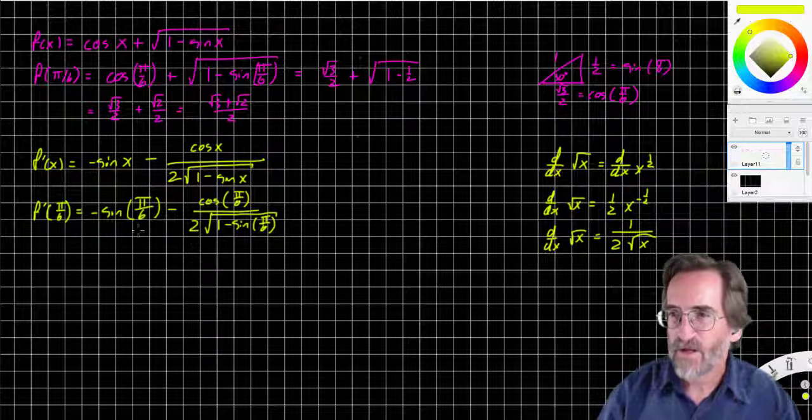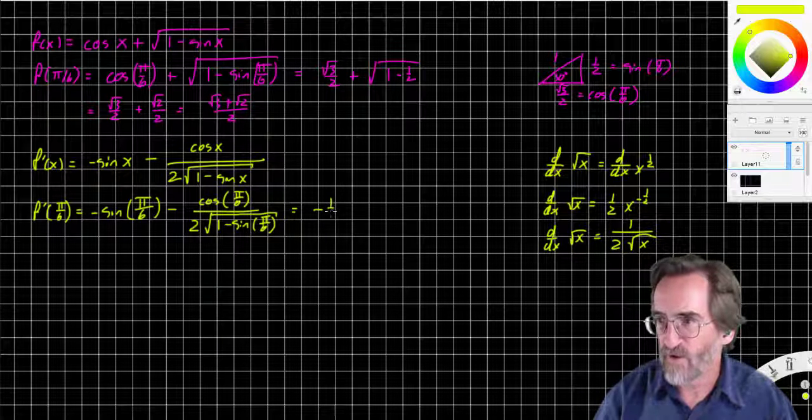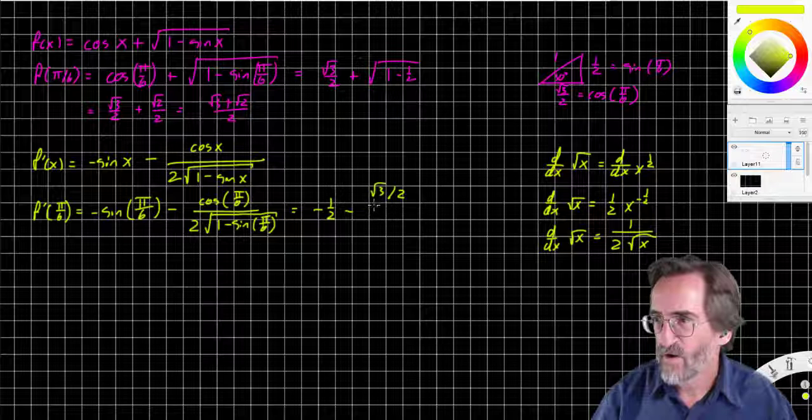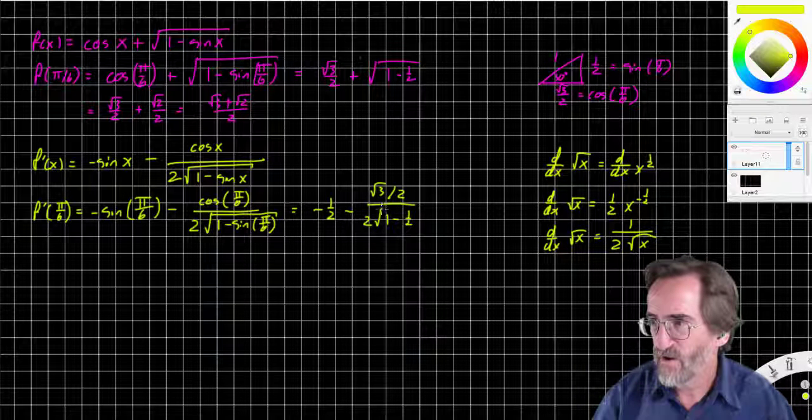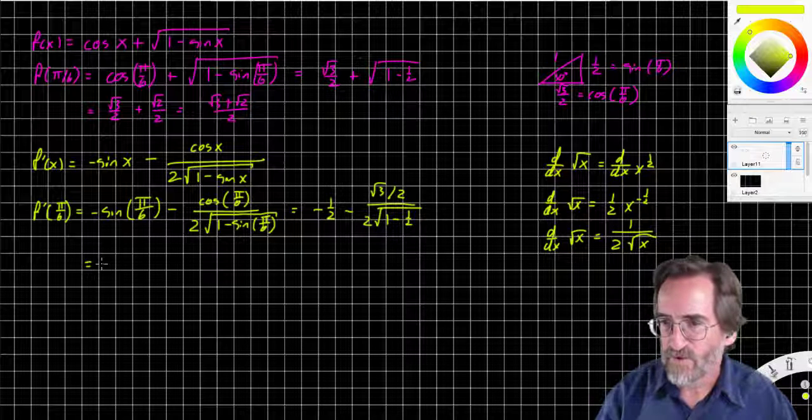Okay, and let's see what values that gives. Sine pi over 6 is 1/2, so this is negative 1/2. Cosine pi over 6 is root 3 over 2. 2 root 1 minus sine pi over 6. Sine pi over 6 is 1/2. So that equals negative 1/2 minus... 1 minus 1/2 is 1/2.